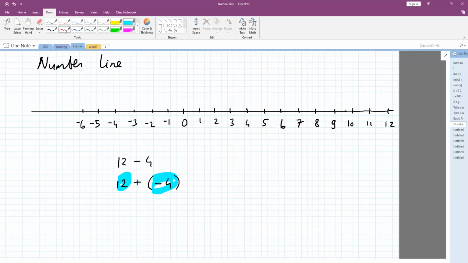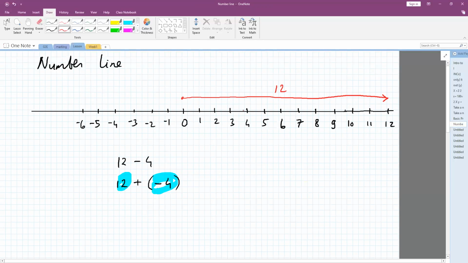So what happens is when you have a positive number like 12, you start from this 0 and then you go to the right side, like 12. See, from 0 and then you end here, so this is your 12.